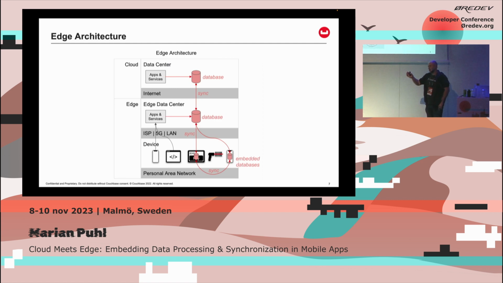It's also known, as you may have seen before, as edge architecture, where on the very top here, you have the cloud I was talking about before, your data center, data store, your applications, crunching and processing essentially all the data you are working with. Then, to allow for prompter processing of the data and even to process the data locally or closer to the user, you have the concept of edge data centers.